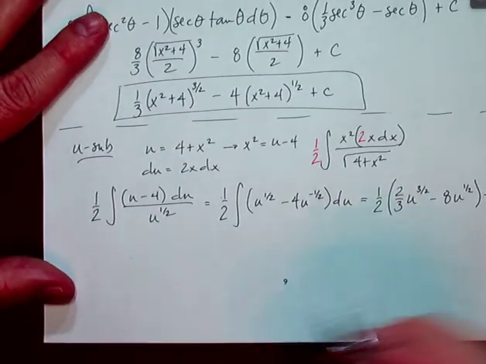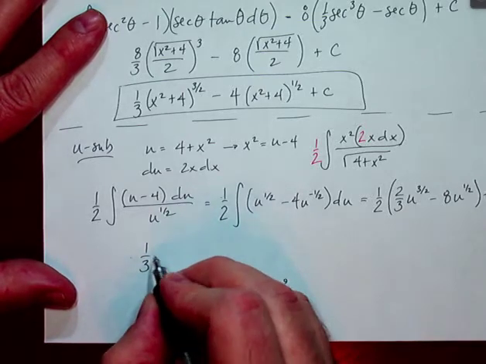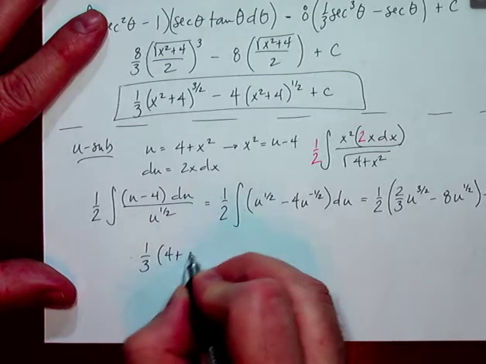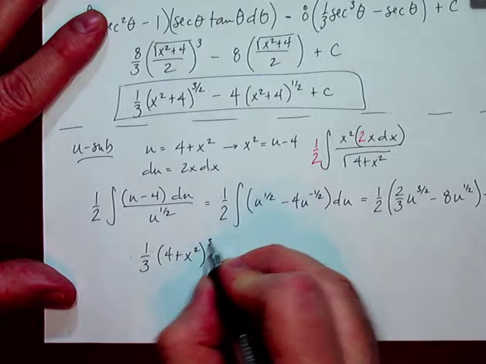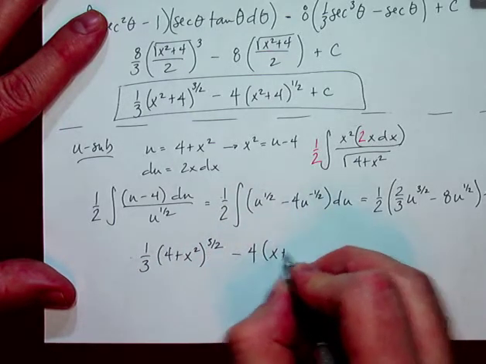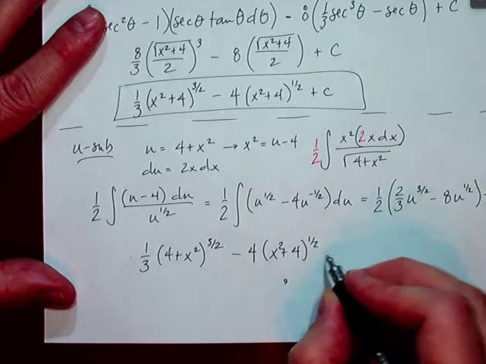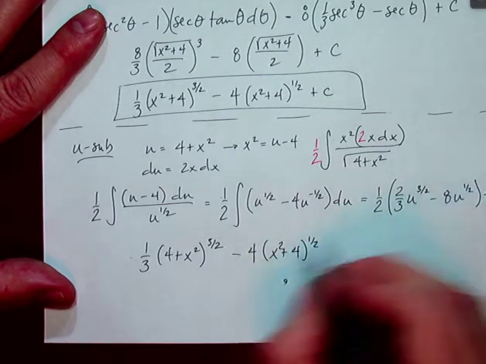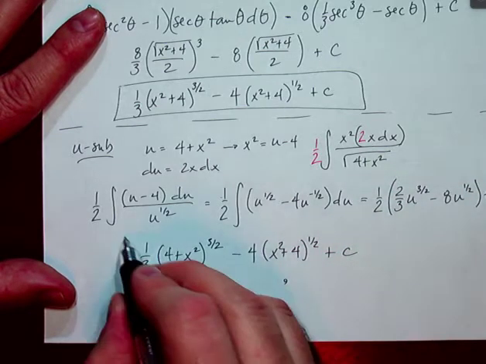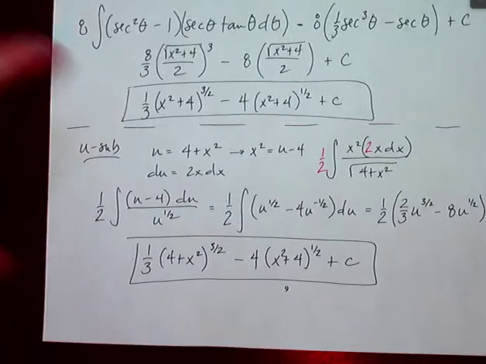Now what that means is that when I substitute back in my original variable, I get minus 4 times x squared plus 4 to the 1/2, because the 1/2 turns the 8 into 4 as well, plus c. And if you'll notice, that is identical to that.